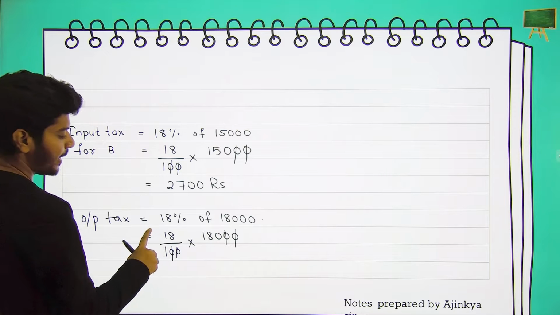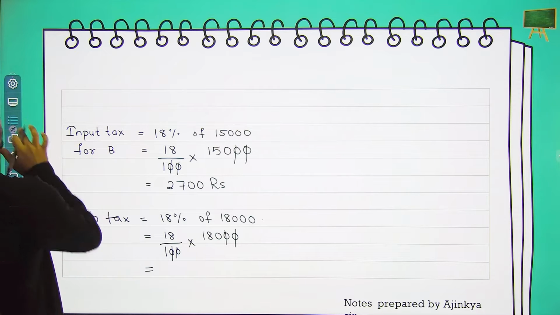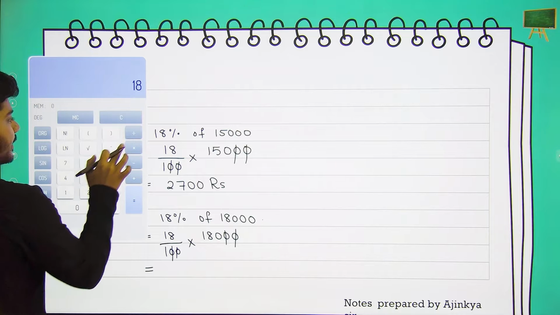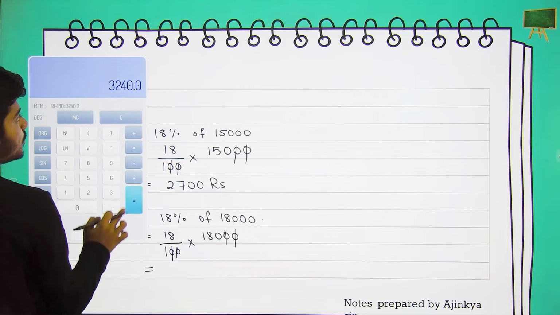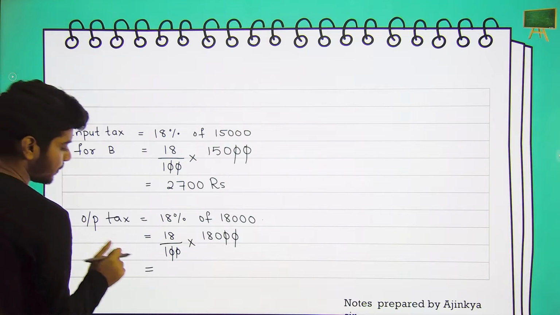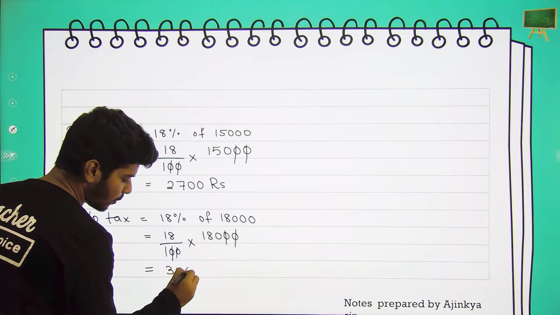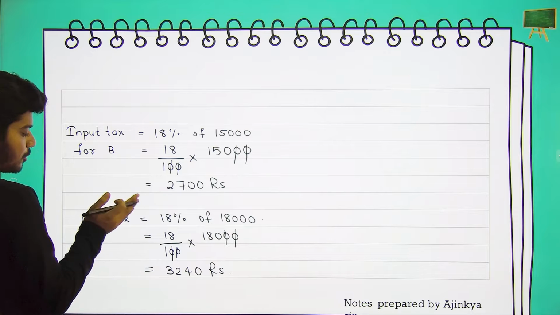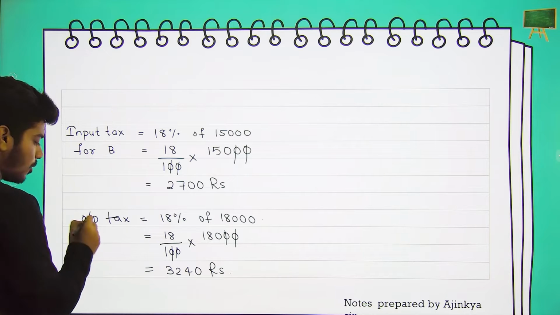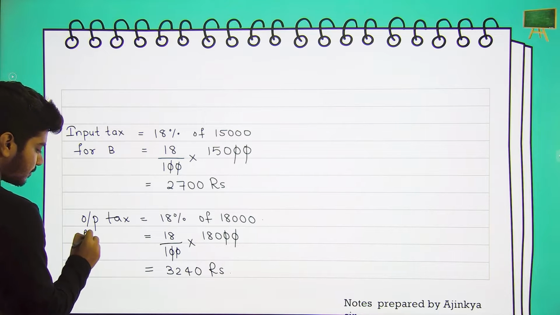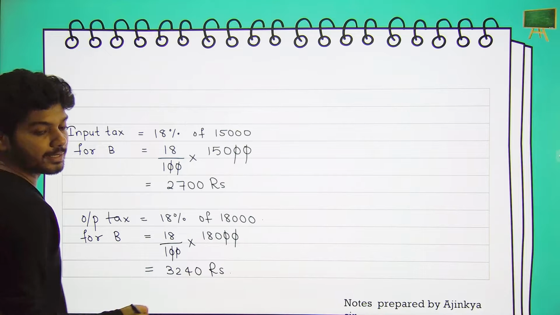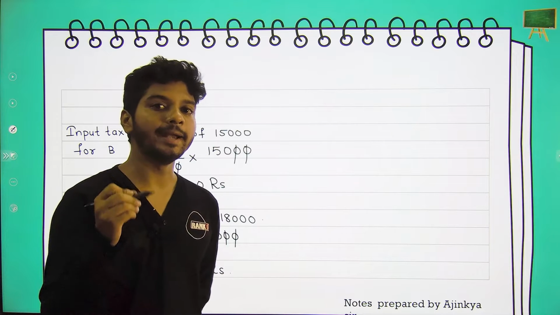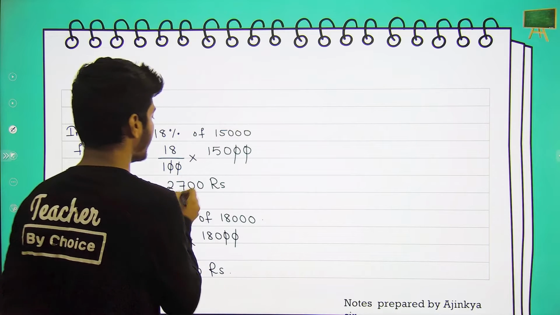Let's multiply 18 into 180. So this would be 3240, which is again in rupees. All right. See, output tax for B. So can I say net tax payable? Net tax payable will be output minus input.